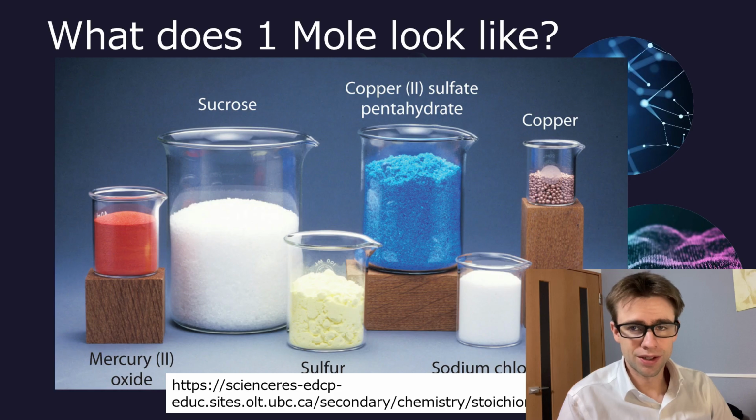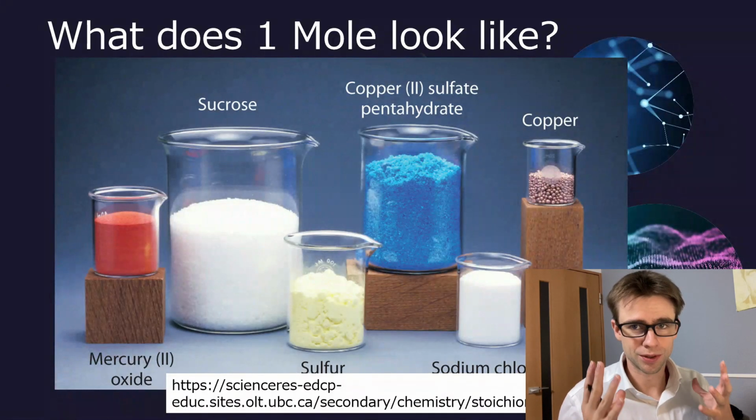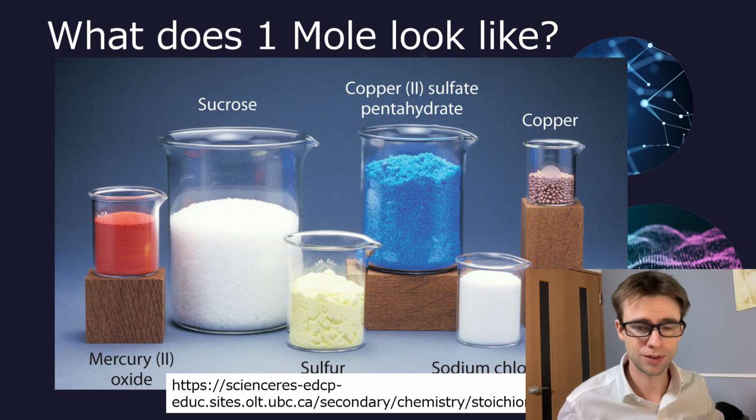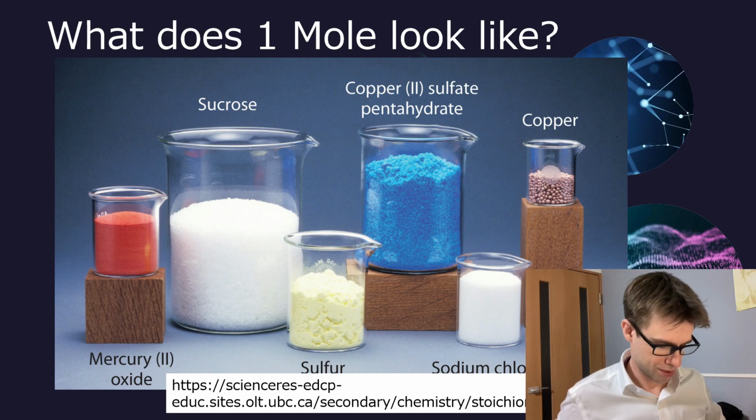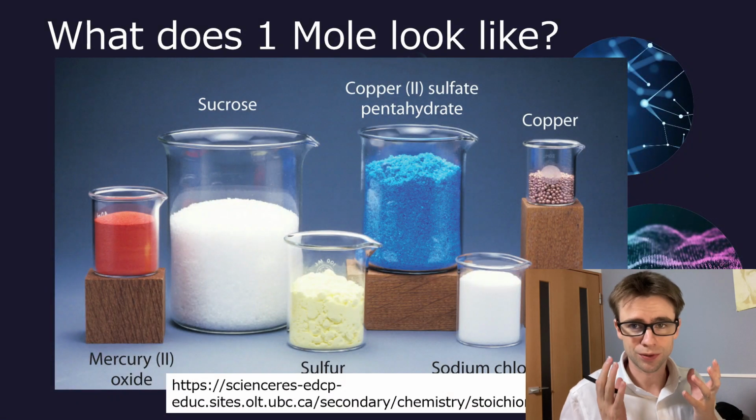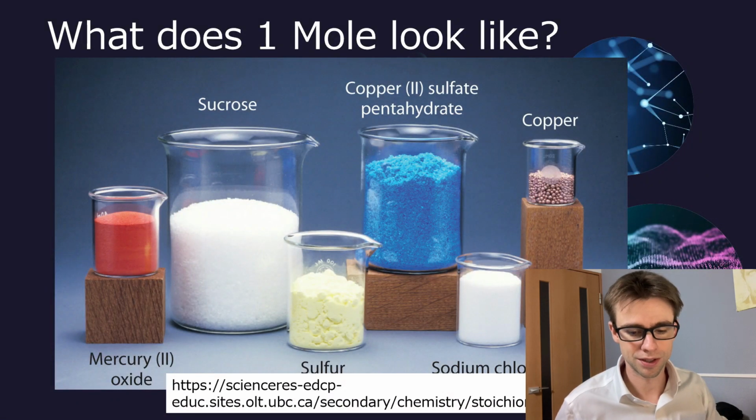So the size of this, or the volume, really depends on a lot of things. It depends on the molecular mass, or the atomic mass. It depends on the density as well. That's why I think copper is very small, but probably very heavy in this picture. Sucrose, however, is probably not very dense, it's just sugar, but the molecular formula of sucrose is very large.